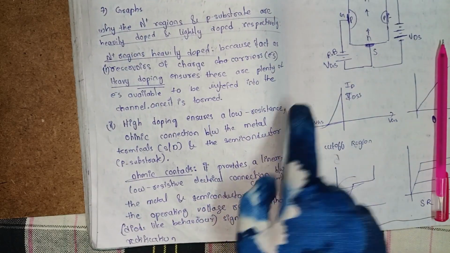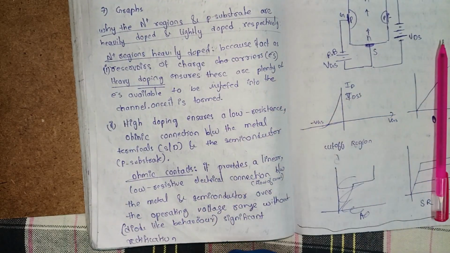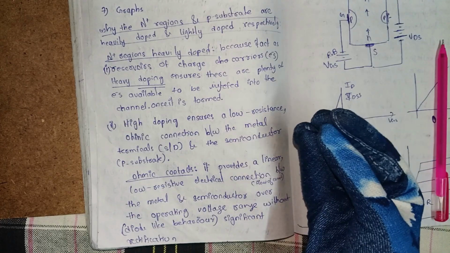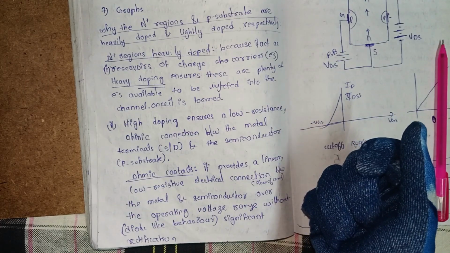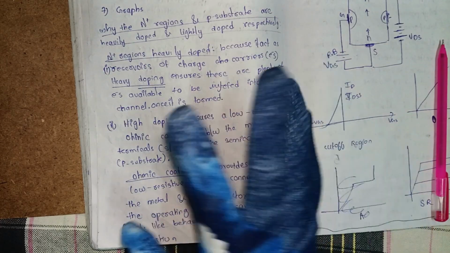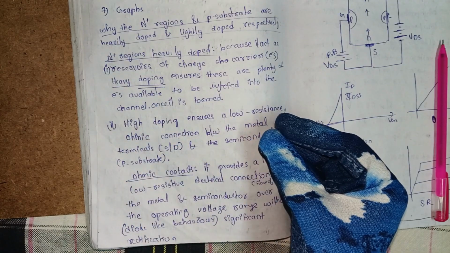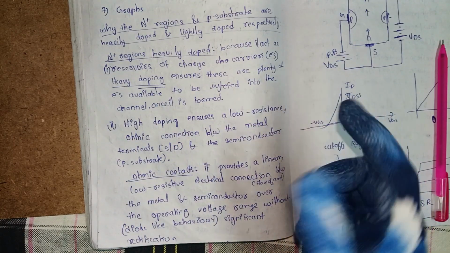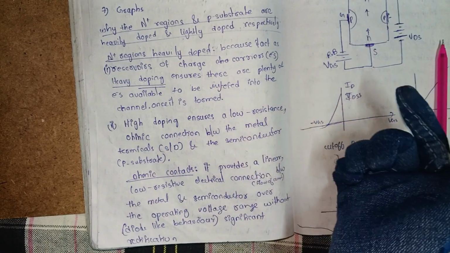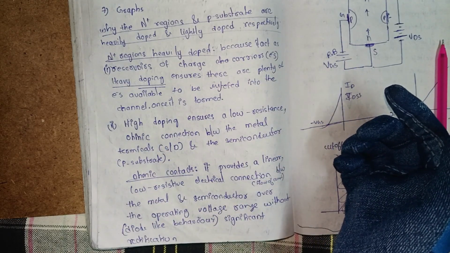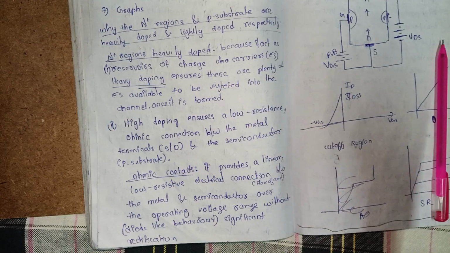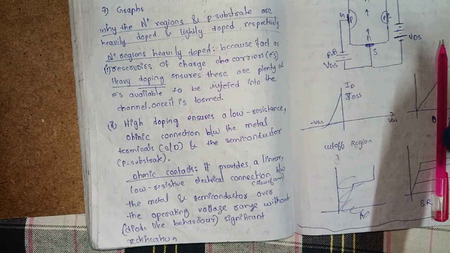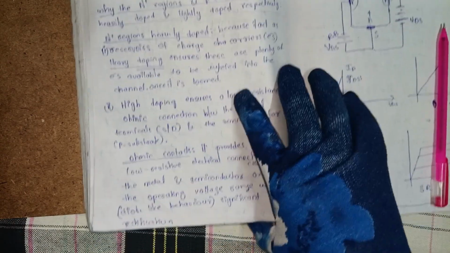They ensure low resistance. How do they ensure it? They provide a low resistive path for current to flow from the N regions to the P substrate, for effective flow of electrons from source to drain.